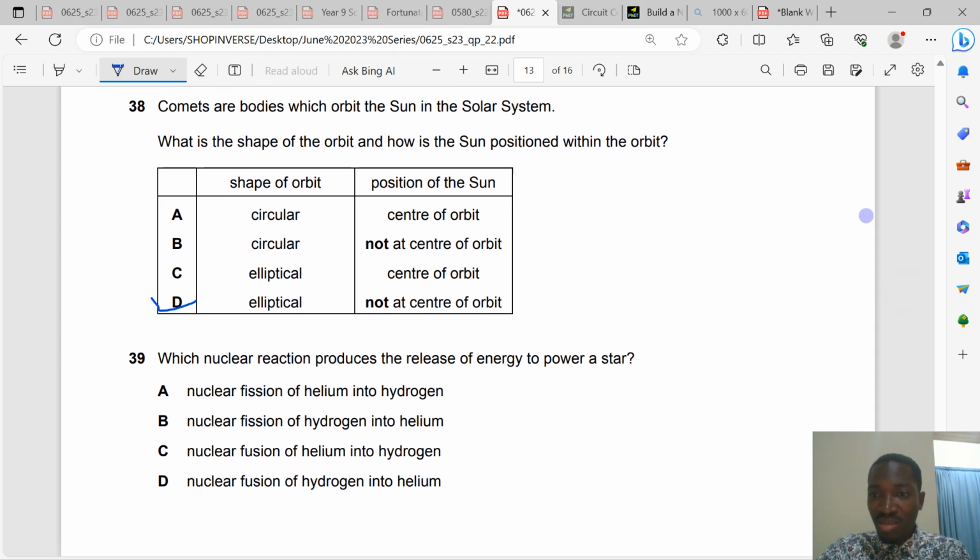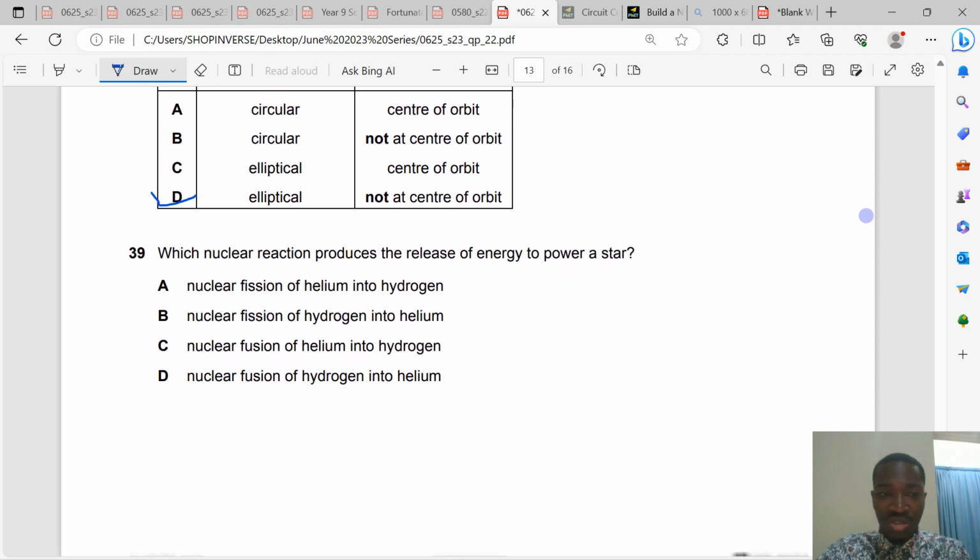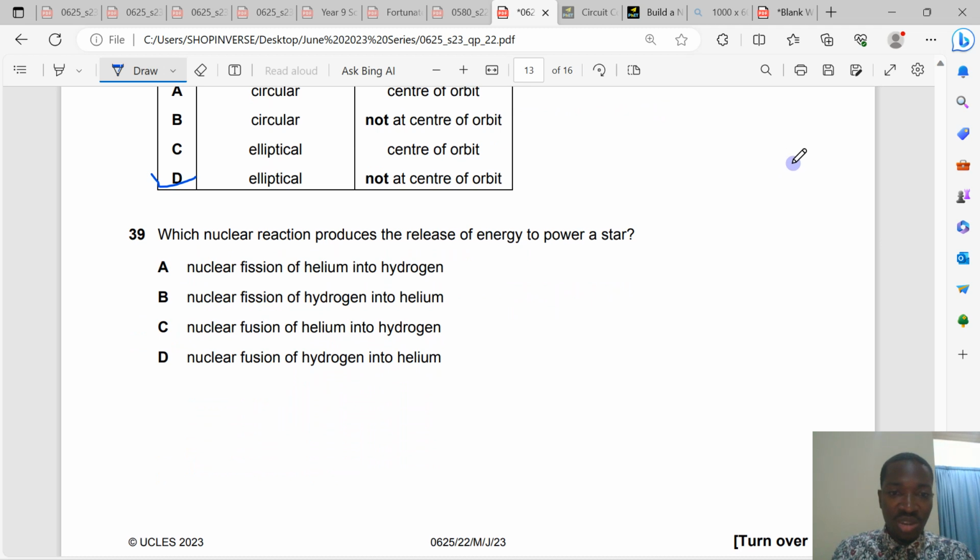And then a neutron is produced in the process. So which nuclear reaction produces the release of energy to power a star? Not nuclear fission. It is nuclear fusion of hydrogen into helium. Two hydrogen isotopes fuse together to form a helium atom. That makes option D the correct answer to question 39.